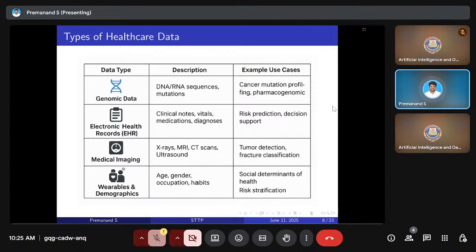And this is what most people will be using: medical imaging. X-ray, MRI, CT scan, even the ECG strip, we can get in image format. All those images can be analyzed with the help of artificial intelligence. The main example is the radiologist.